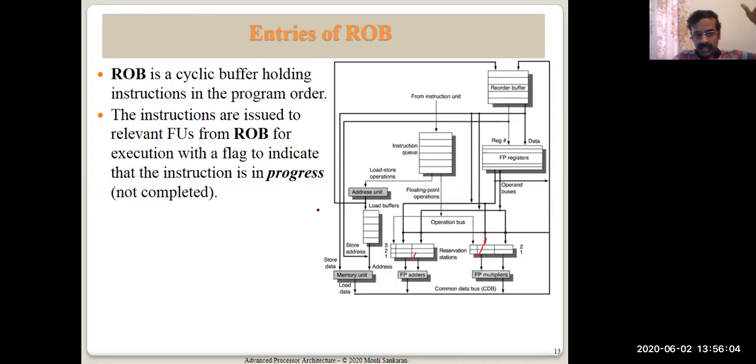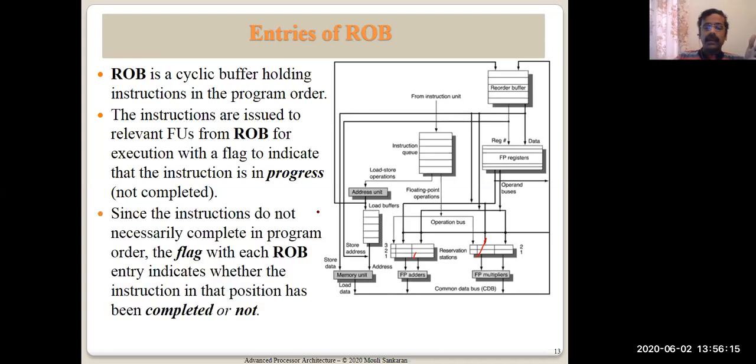So when the instructions come in, they are stored in ROB. It is not that we store when the results are out, because when the results are out, they are out of order. So when it is coming in order, you store it in ROB. Since the instructions do not necessarily complete in program order, each ROB entry, each entry is one instruction, and each of those entries will have a flag to indicate whether the instruction in that position has been completed or not.